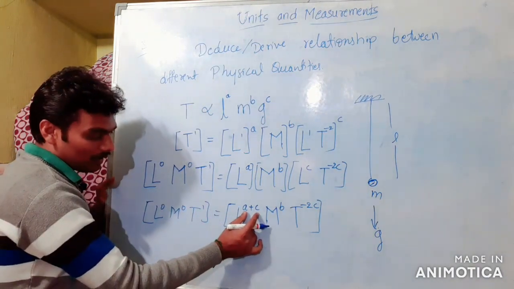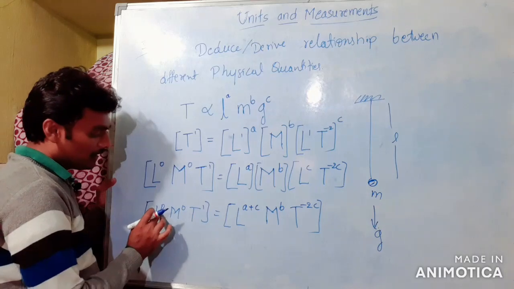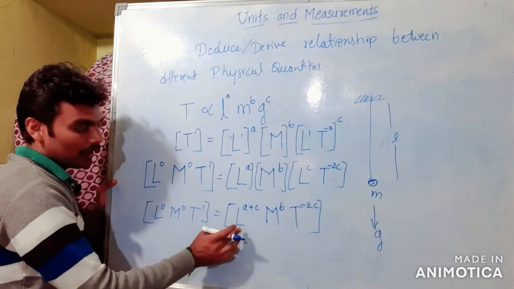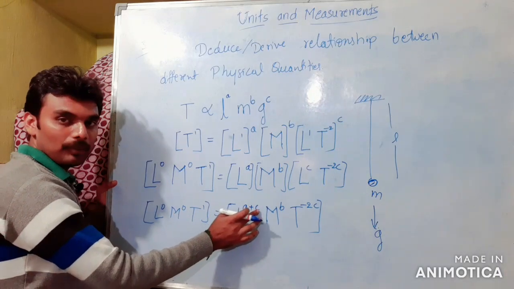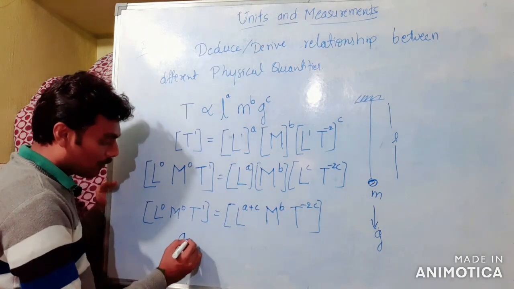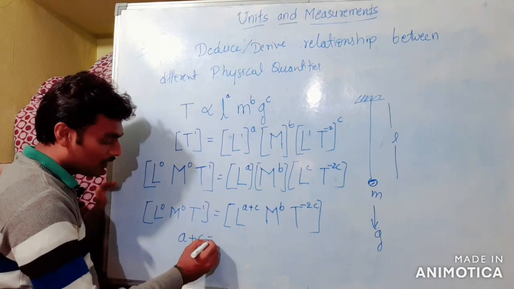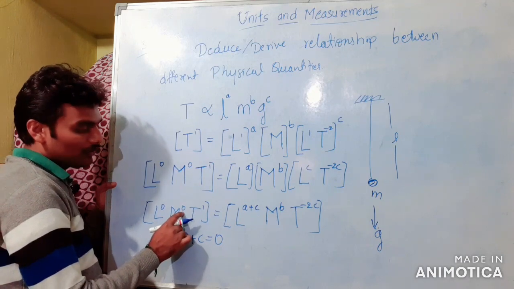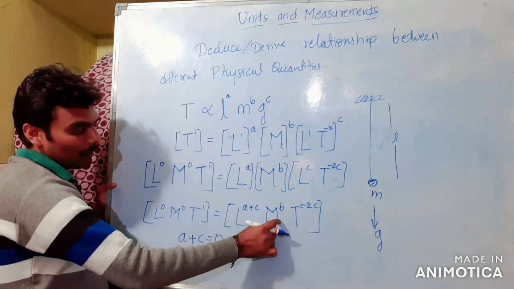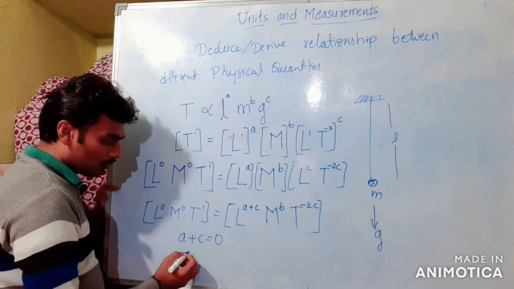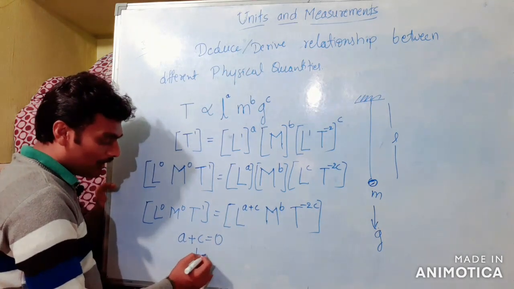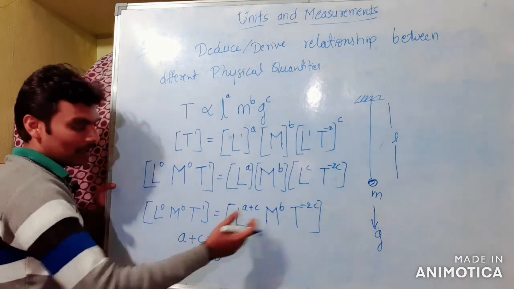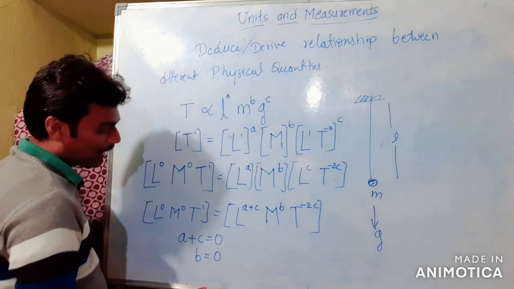What do we have here? When it comes to length, here in the LHS we have 0, and here in the RHS we have A plus C. So comparing them, it's going to be A plus C is equal to 0. And here we have M raised to 0, and here we have M raised to B. So comparing them, B is equal to 0 directly. So we have obtained the value of B directly.